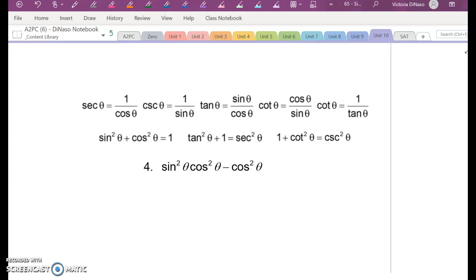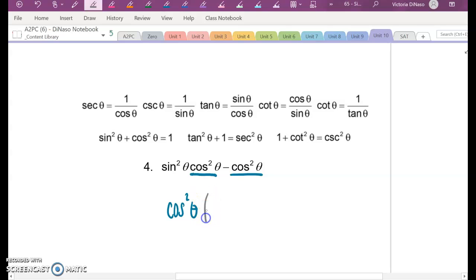With this, I can GCF. Both of these terms have a cosine in common. I have a cosine right here and a cosine right there. They're both squared also. So what am I going to do? I'm going to take out a cosine squared. So I'm going to write down cosine squared theta.